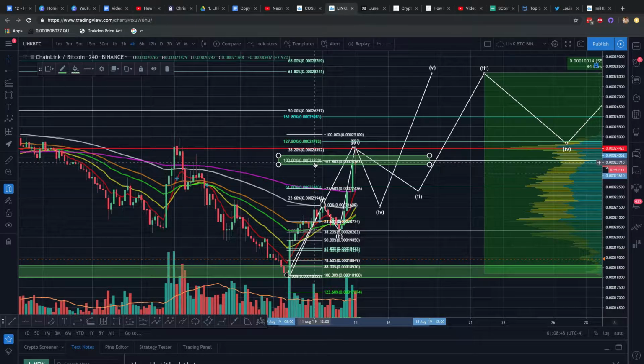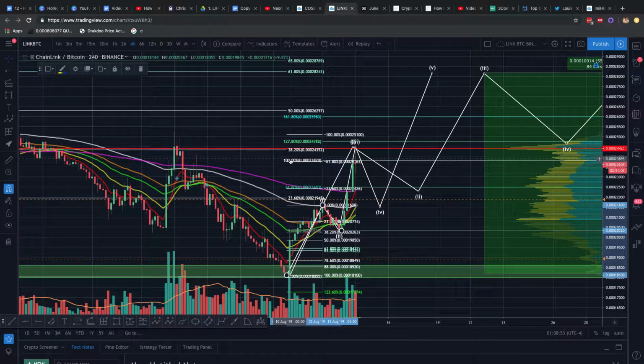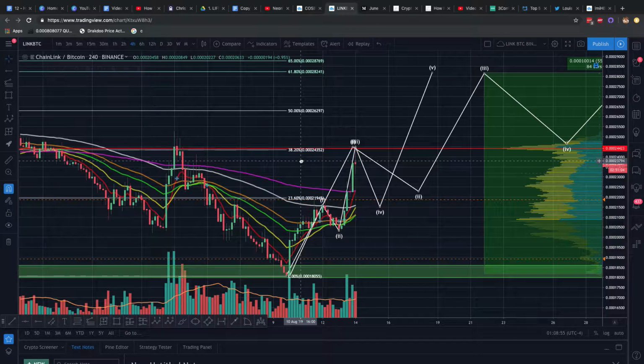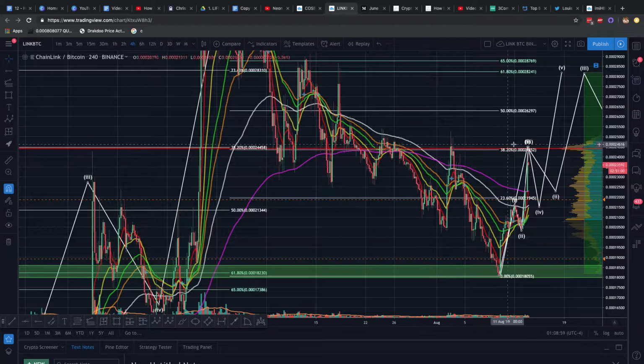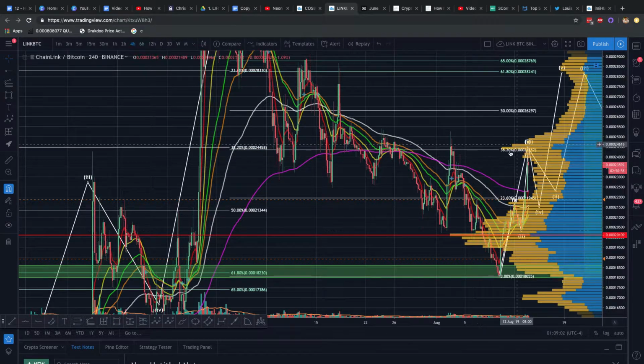There's always going to be some profit taking there. But not only that, you have the take profit, like we mentioned, the 38.2 of this downward structure, and the 38.2 of the entire structure.